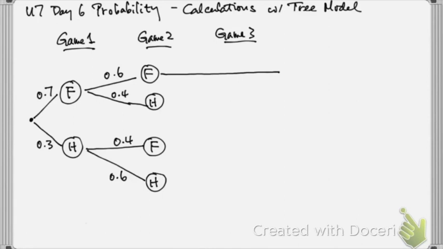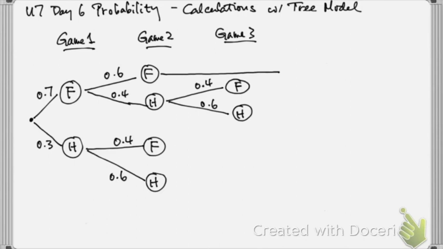Then obviously game 3 will be played, so you could have Fremont winning or Homestead winning. Because Homestead won the second game, Fremont's going to have a 0.4 chance of winning the third one, and Homestead is going to have a 0.6 chance of winning the third one.